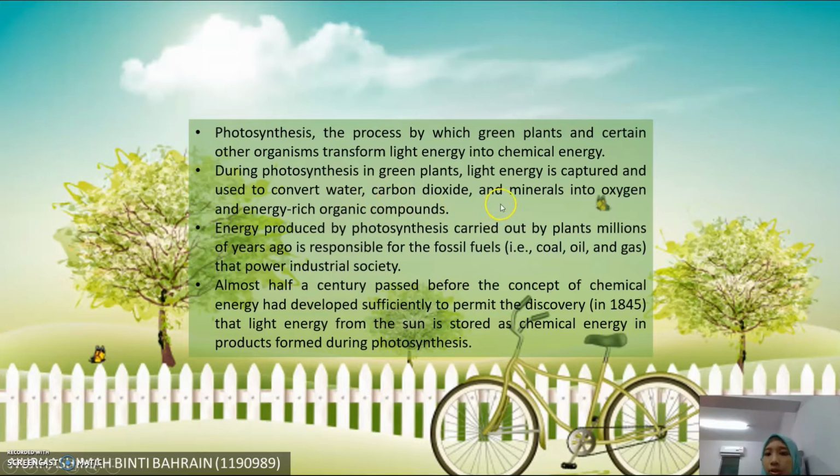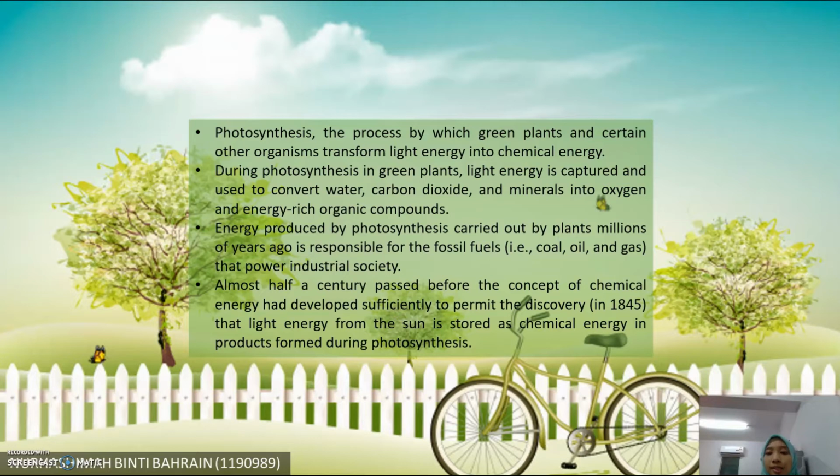The energy produced by photosynthesis carried out by plants millions of years ago is responsible for the fossil fuels like coal, oil, and gas that power industrial society, which means photosynthesis is very important for humans' life.